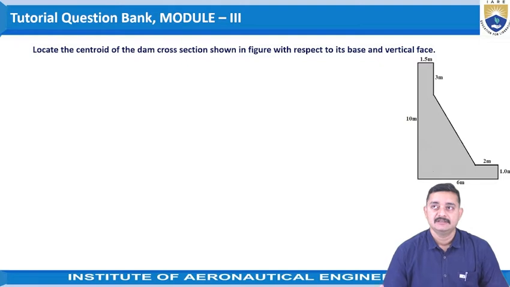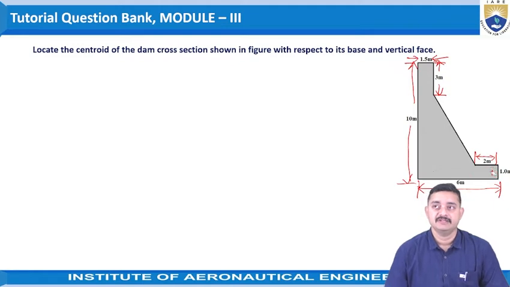So here the data given: the base is 6 meters in length and the height of the dam is 10 meters, and the top width is given as 1.5 meters and the height of this part is given as 3 meters, and the distance from this point to this point is given as 2 meters and this height is 1 meter in length.